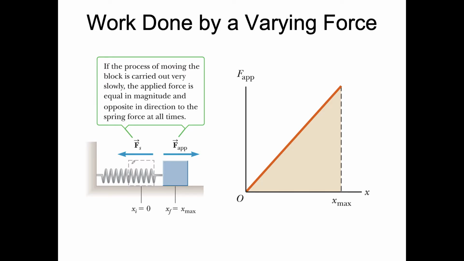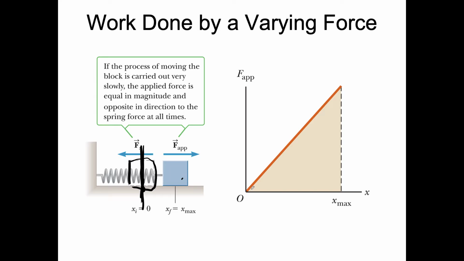So suppose initially a block is attached to a spring, at position 0, where the deformation of the spring is 0, which means the spring is at its equilibrium position in the beginning. Then we apply a force to pull the block from here to here.